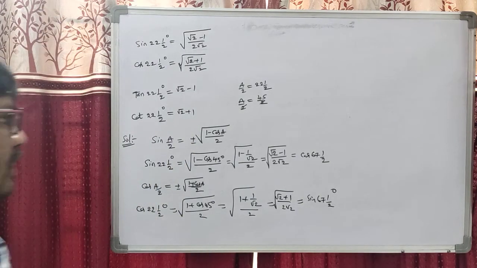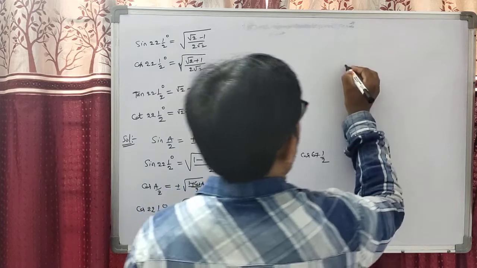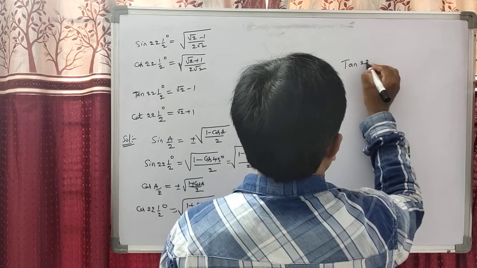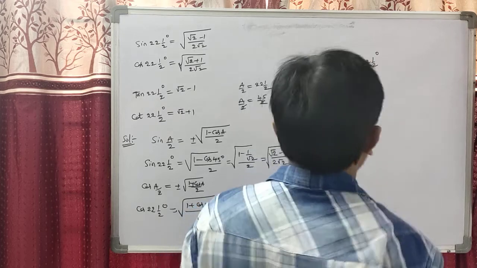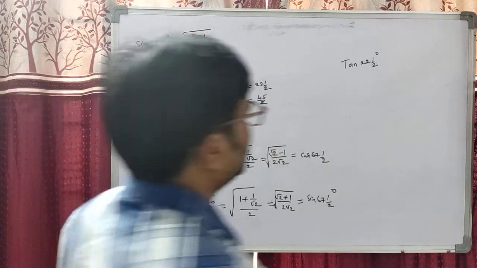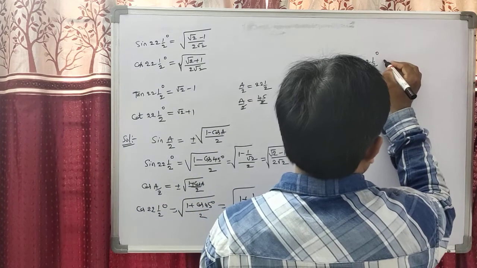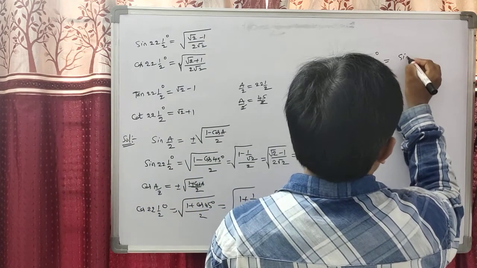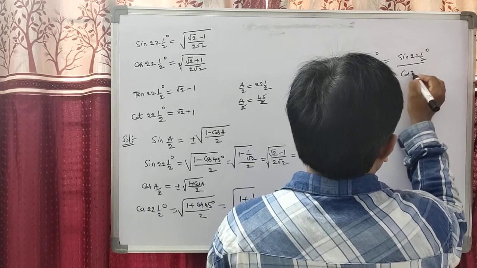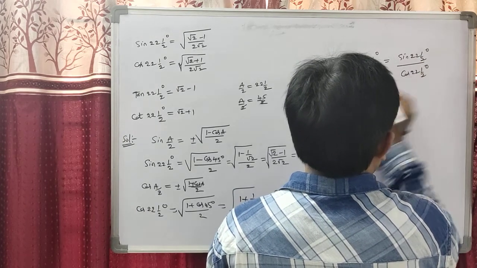My dear students, now we have to find the value of tan 22 and a half degrees. Right now we find tan 22 and a half degrees. This is, students, tan 22 and a half equals sin 22 and a half divided by cos 22 and a half.